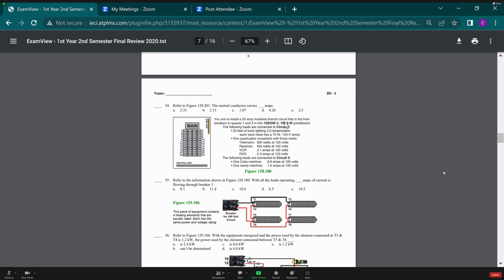This is a 120/240 volt single phase 3-wire panelboard. The following loads connected are blank. On circuit 1, 20 feet of track lighting, 12 lamp holders. Each head has 75 watt 120 volt lamps, and then one quadplex preset with all of these loads on it.